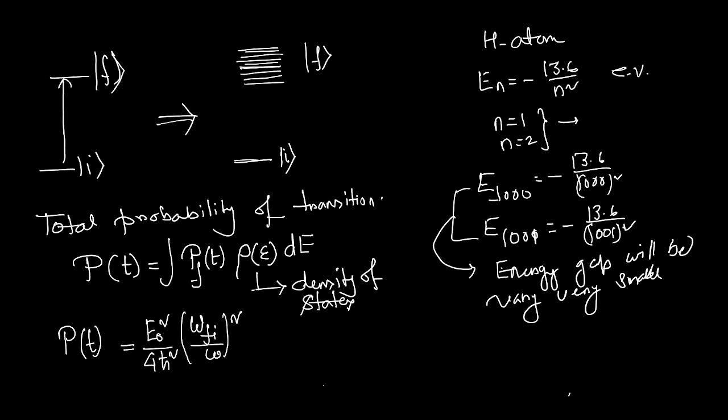now this will be sine square omega t by 2, over omega square.